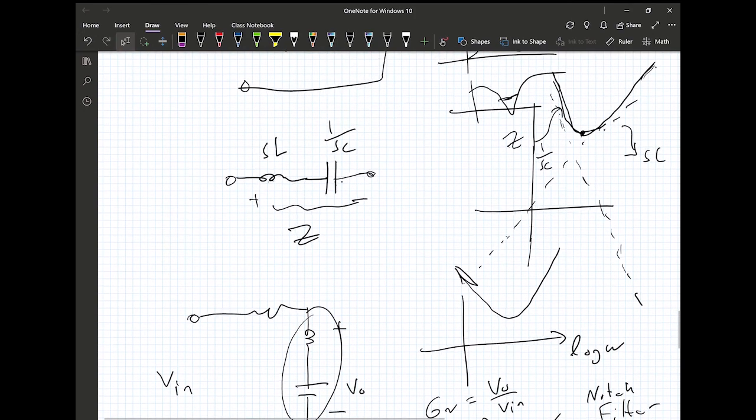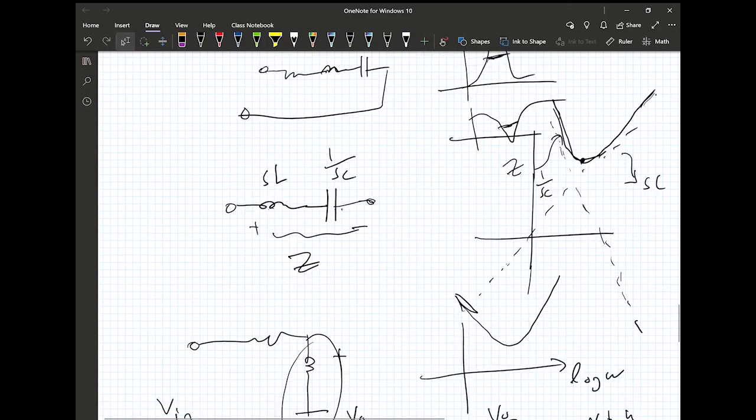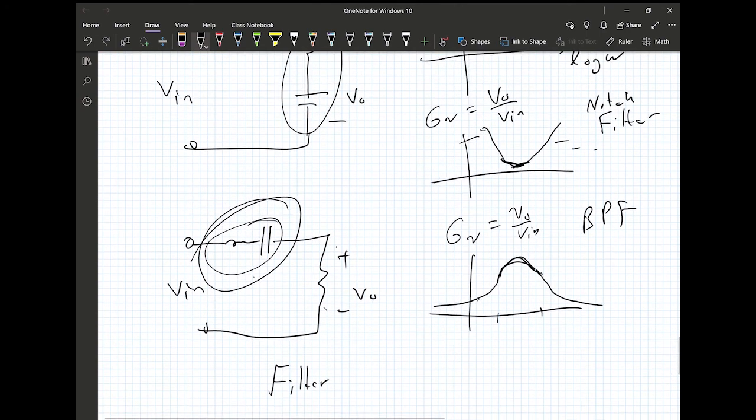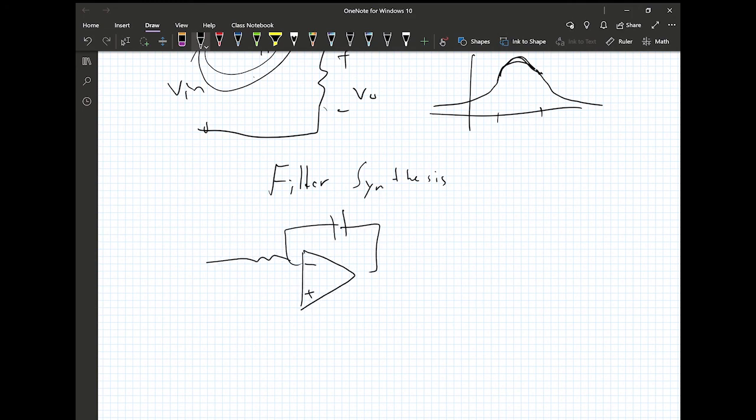Right? In reality, in many applications, it's okay to do filters simply like this. But filter synthesis is a more complicated and involved subject than just using simple resistive elements and passive elements. So for filter synthesis, people start using op amps, right? Stuff like this. They connect multi-stage op amp circuits with passive components to build more complicated filters.